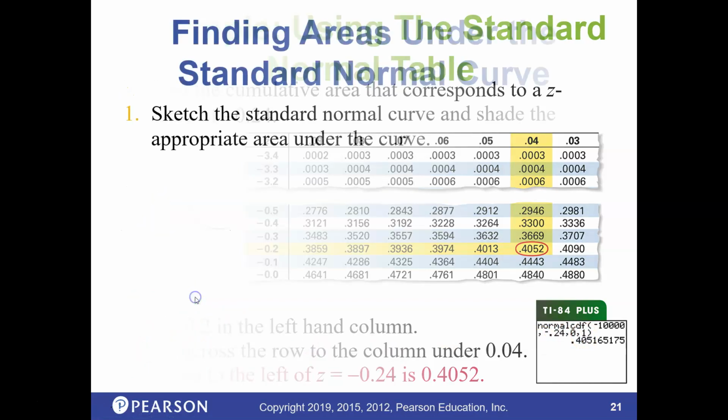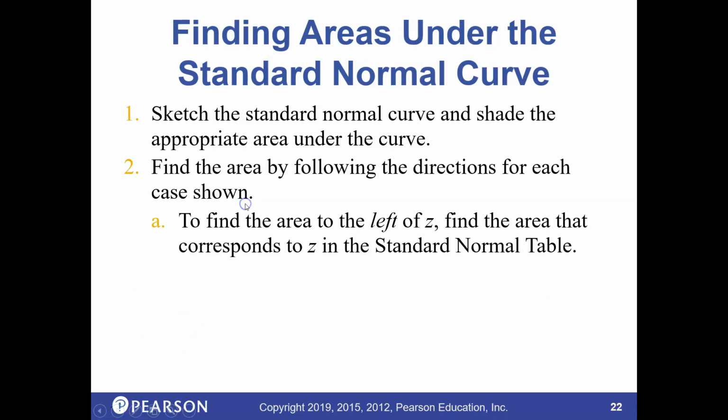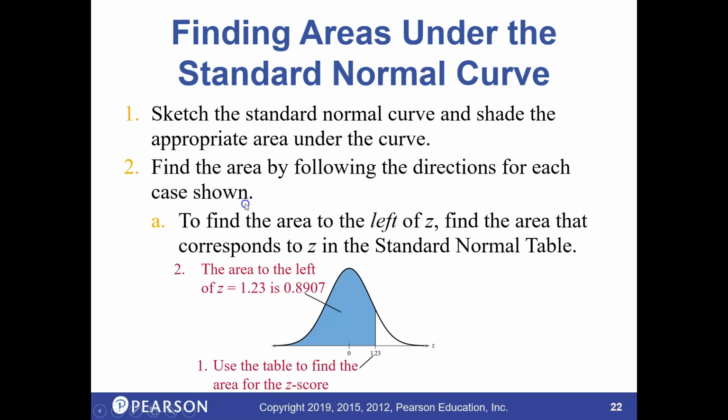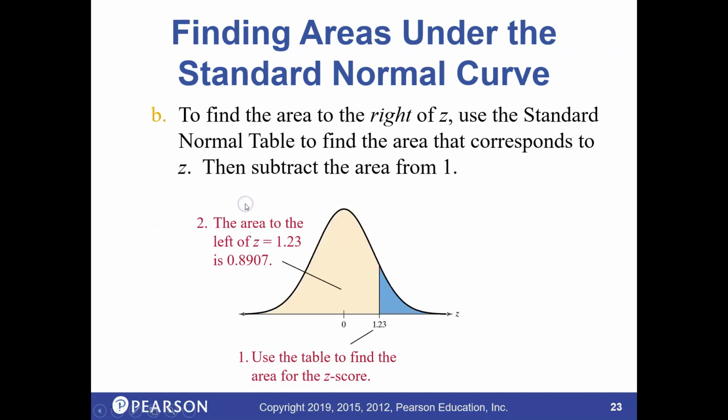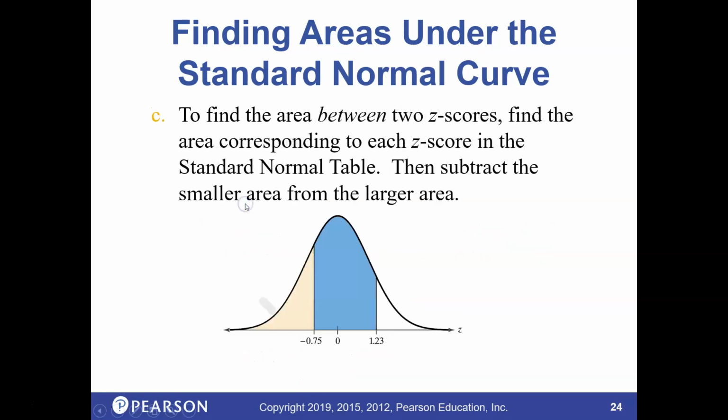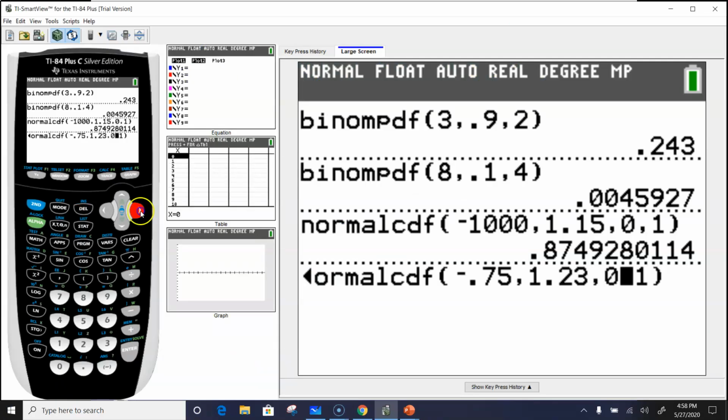So I prefer to use the calculator, okay, where I think the calculator is much better tool for us. Is when we want to find areas between two scores. So if I wanted the area between these two scores here, negative 0.75 and 1.23, normal CDF, we would go from negative 0.75 to 1.23, 0 and 1.